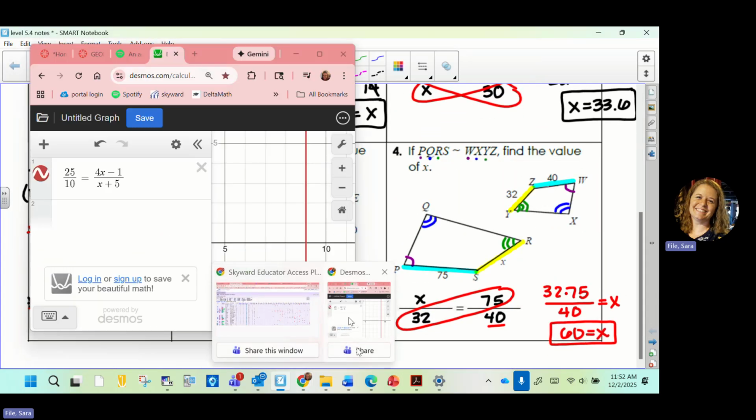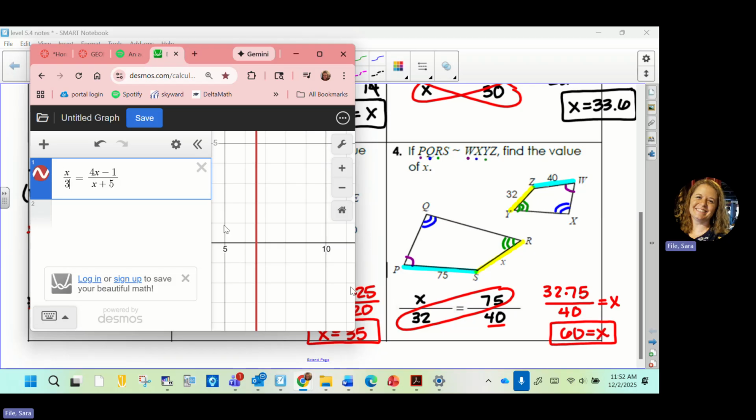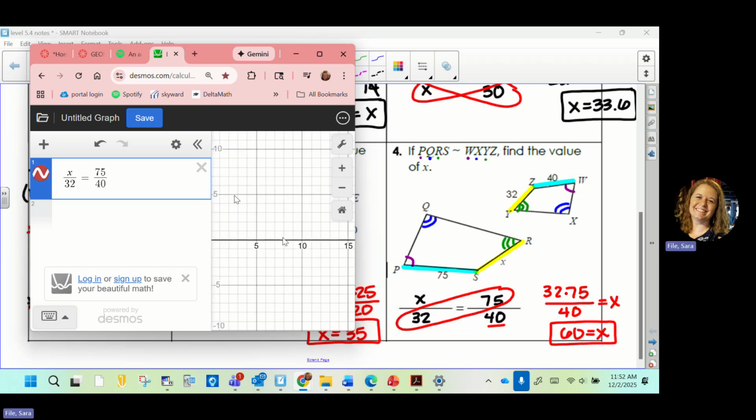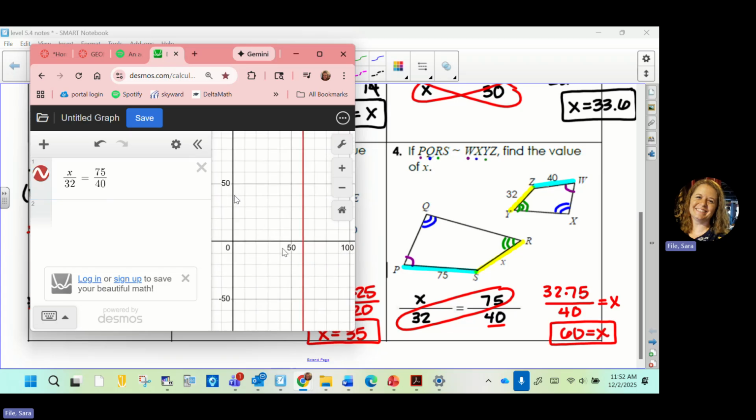So for instance, if instead of cross multiplying and dividing, I just typed this in as x over 32 equals 75 over 40, you can see it'll give me a solution. Now I have to zoom way out because that was a big number, but there it is.